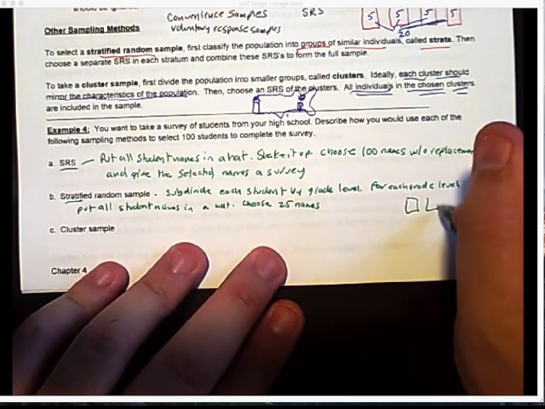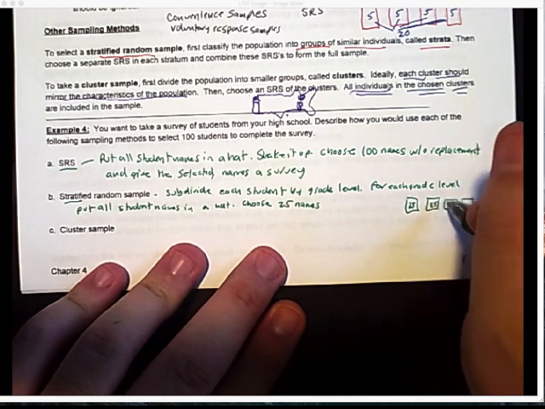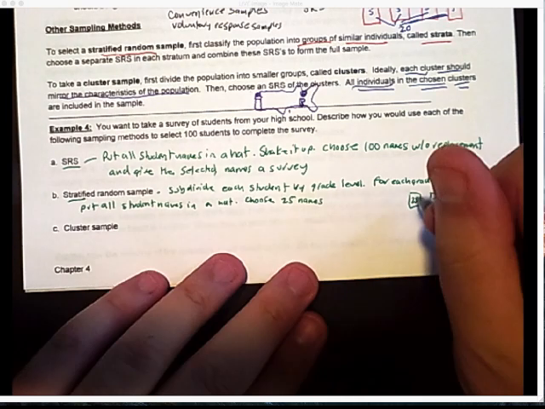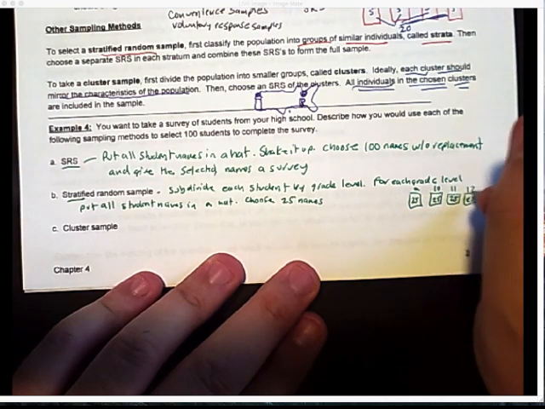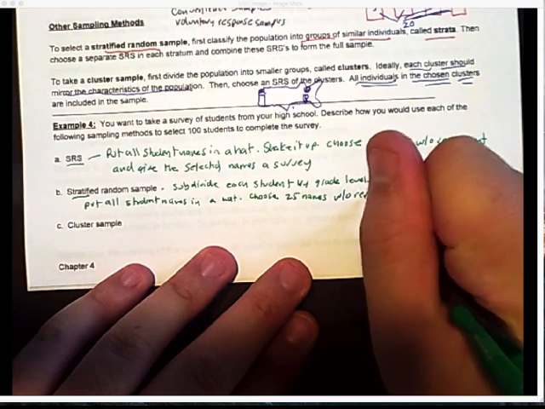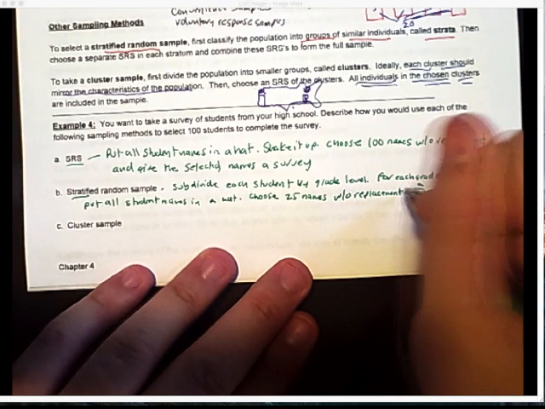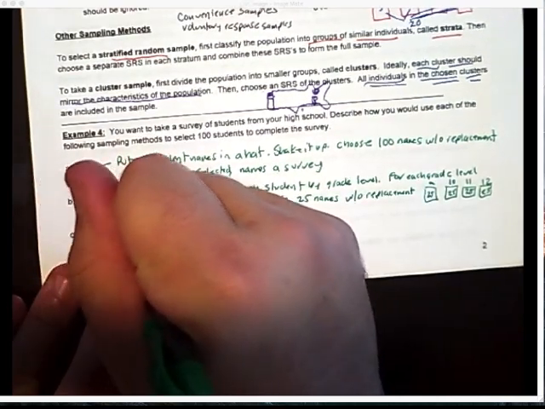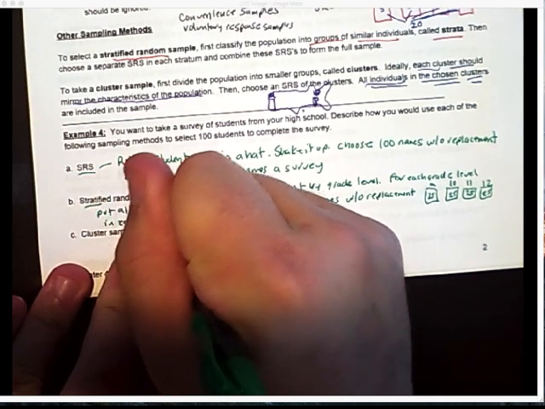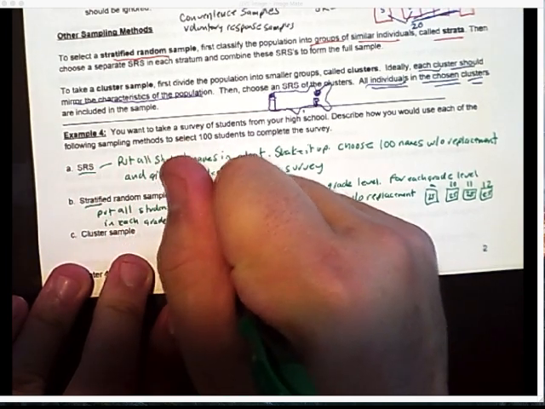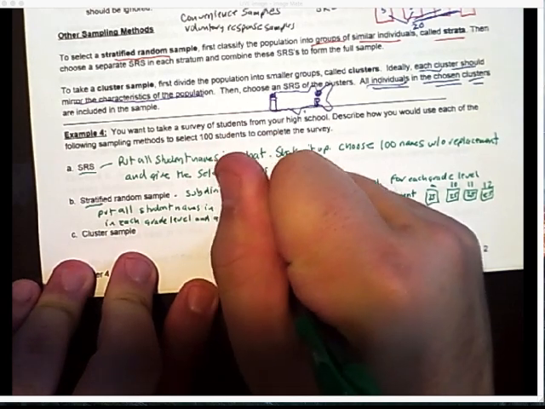We have 9th, 10th, 11th, and 12th graders, and we're going to take 25 out of each of them. We're going to pick 25 freshmen, 25 sophomores, 25 juniors, and 25 seniors. So we're going to choose 25 names without replacement in each grade level, and give the selected students the survey.